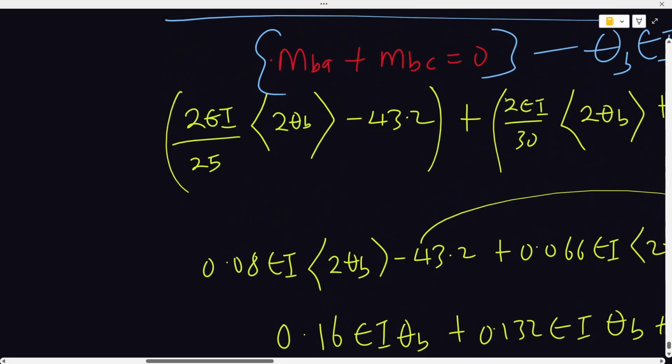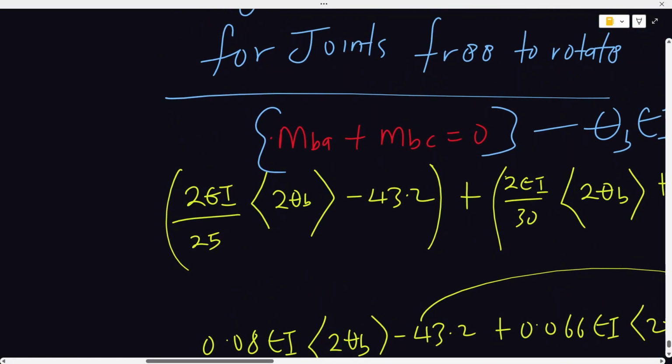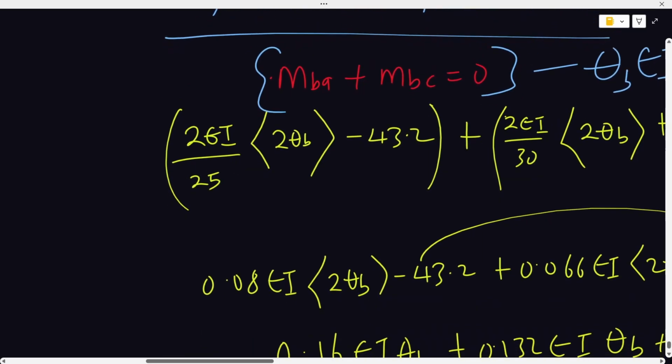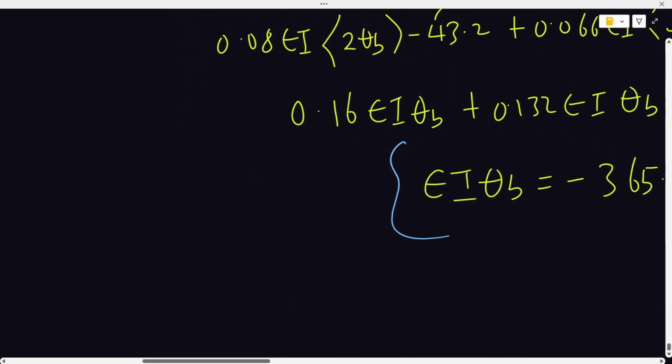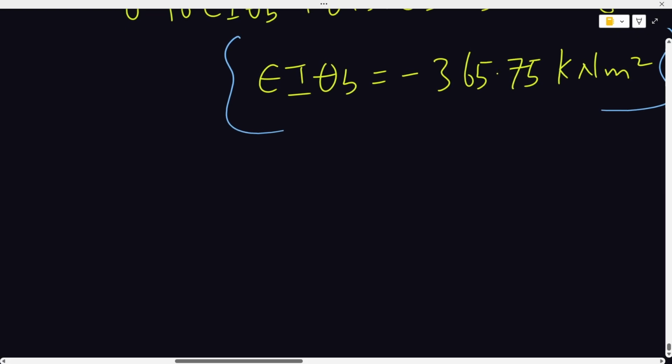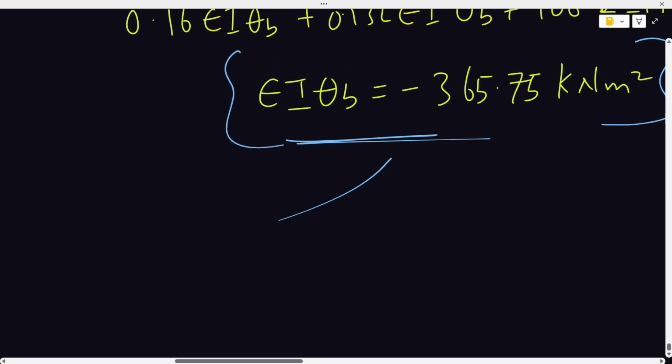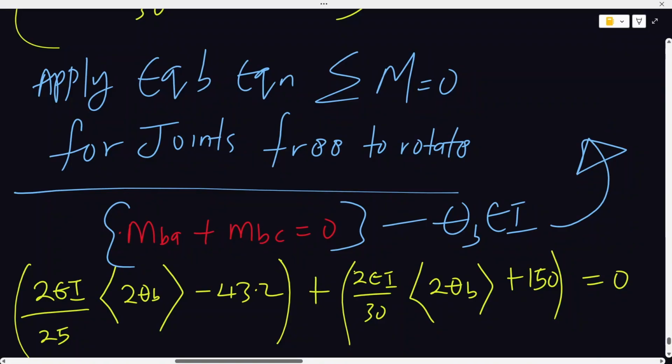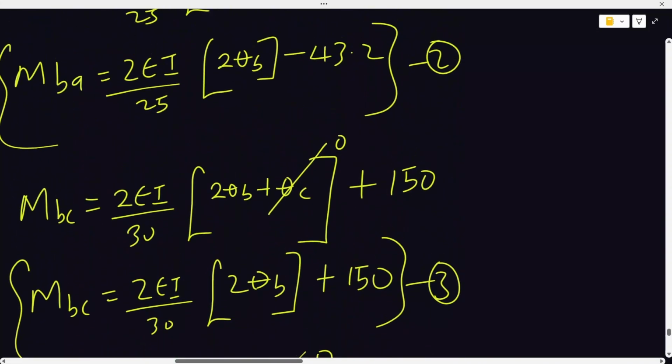So the only way we could get theta B was to apply this summation of moments at that joint. And now that we've gotten theta B, we can find all the moments by substituting this expression back into the moment equation.